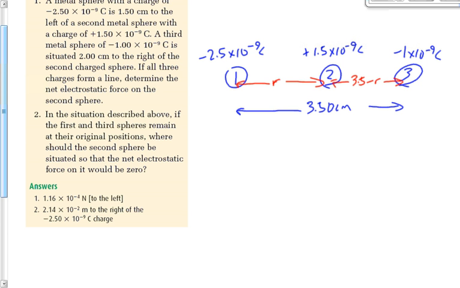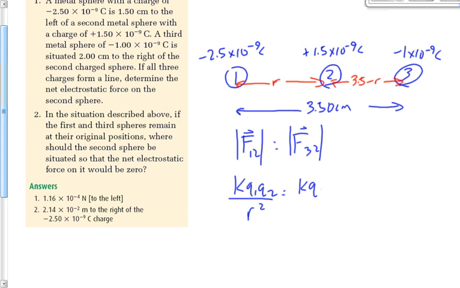Now, the other thing we know is that these two forces, at least the magnitudes of these two forces, have to be equal to each other. So we're going to say the magnitude of the force of 1 on 2 equals the magnitude of the force of 3 on 2. That means that k q1 q2 over r squared is equal to k q3 q2 over what? 3.5 minus r, although we're going to make it 0.035, right, because we want to be in meters now that we're putting it into an equation.